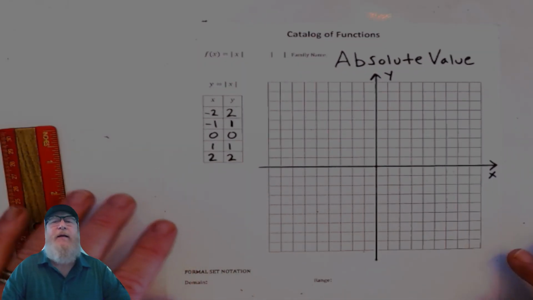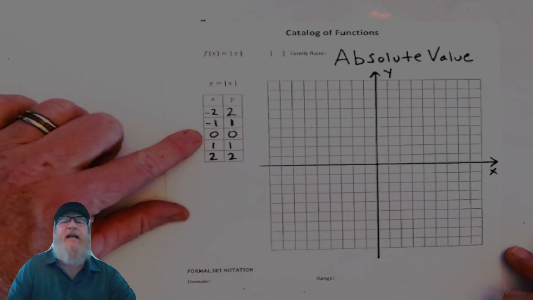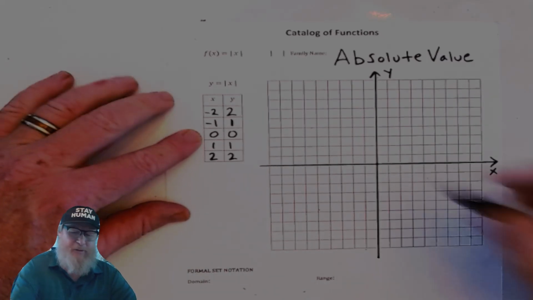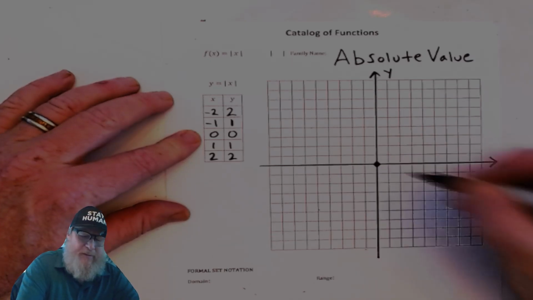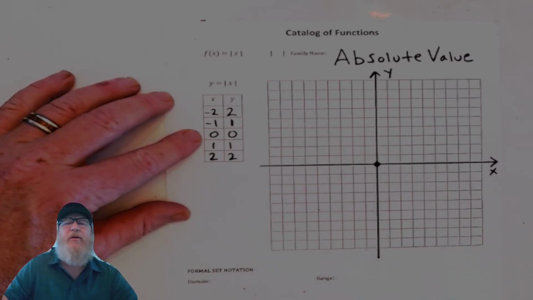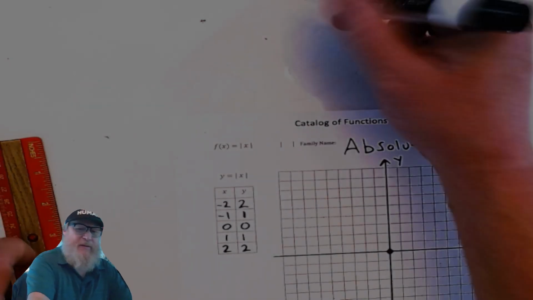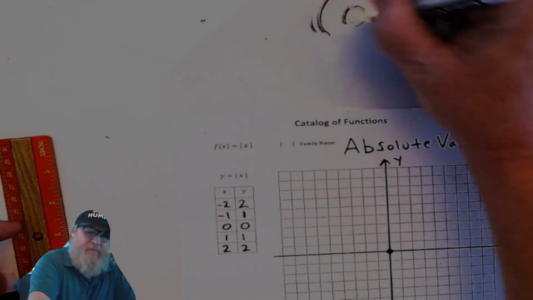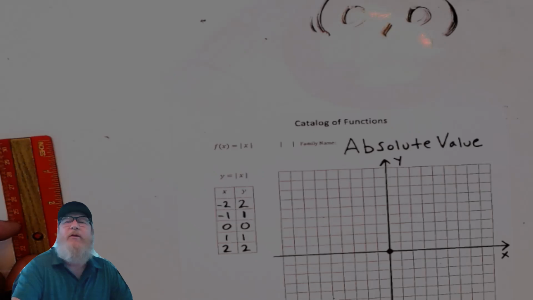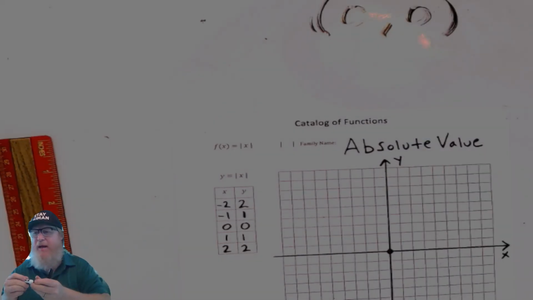Okay. And we're going to plot the center row first. This is called the 0, 0 vertex. 0, 0. I need a better pen.